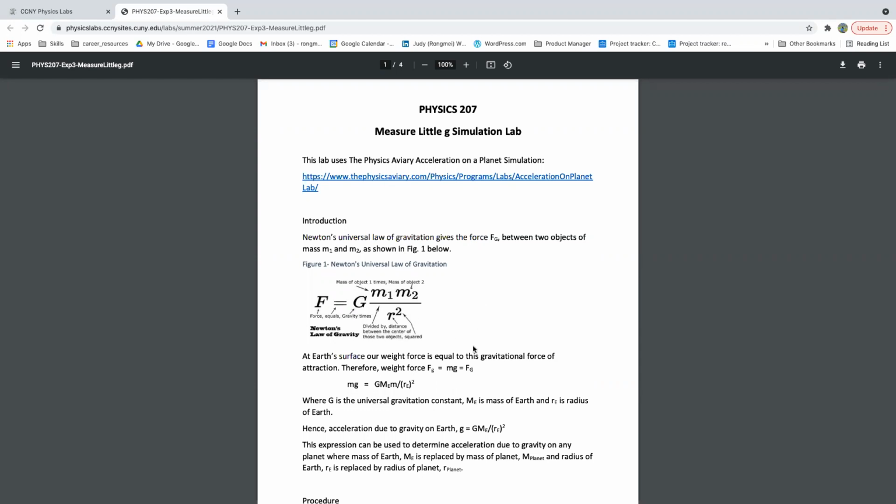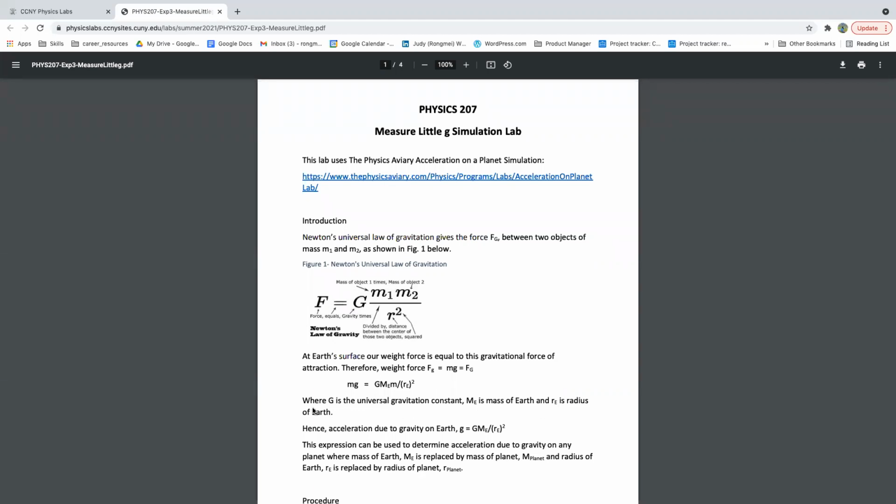Okay, so when these two are equal, you can find the equation of little g. You can calculate what g equals. It's G, the universal gravitation constant, times me, the mass of Earth, over re squared, the radius of Earth.